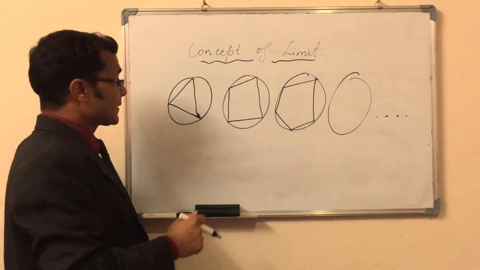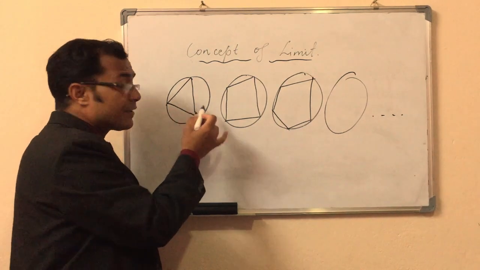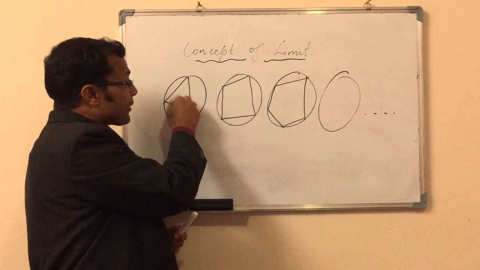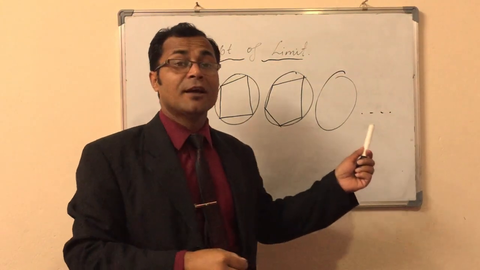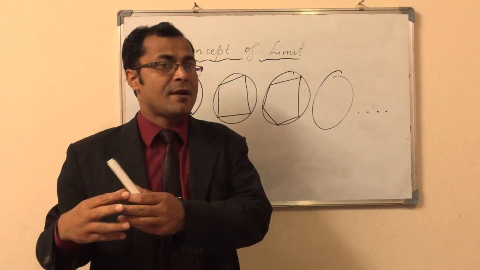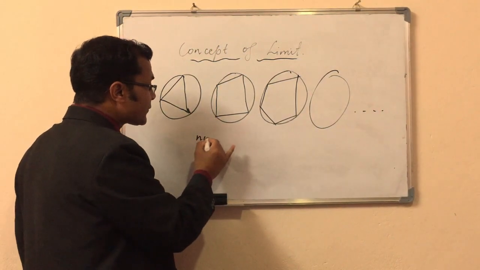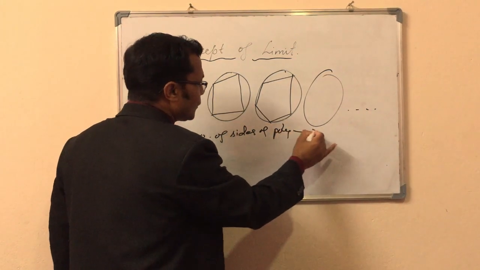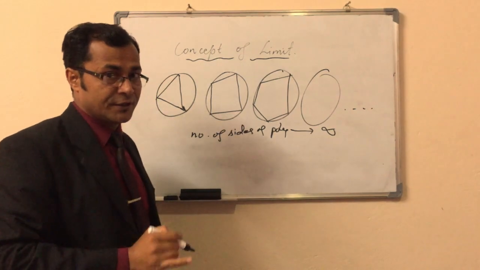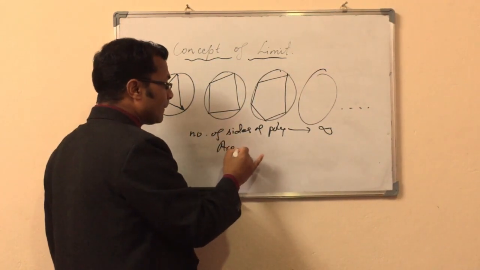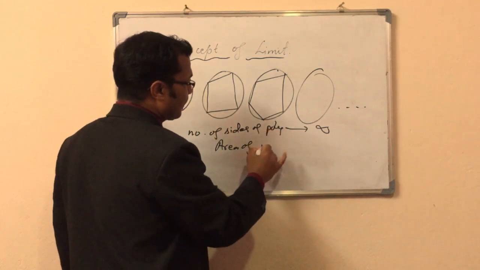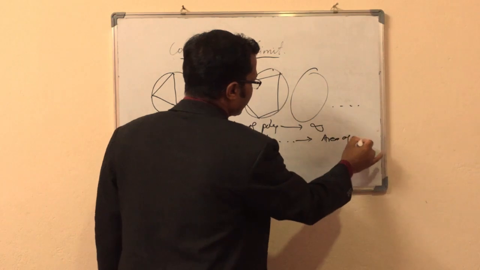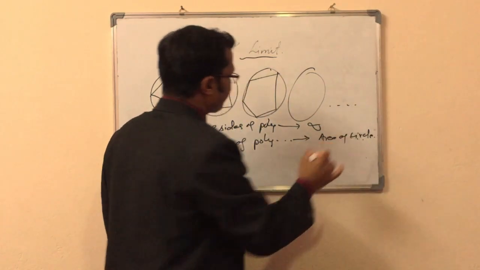So what you can see is, as we go on increasing the number of sides, the area of this triangle, quadrilateral, whatever, the polygon goes on increasing. And finally, when the number of sides of the polygon goes towards infinity, then what happens? The area of the polygon goes towards the area of the circle.